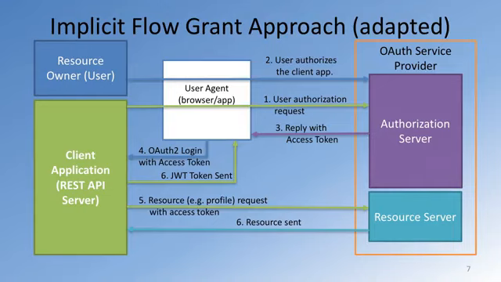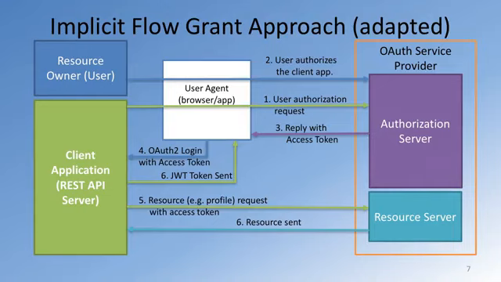So your client application goes through the user agent. The user agent is basically the front-end application. It could be the Angular app that we have developed, or the mobile app, whether it is Ionic or NativeScript, that we have developed in the courses earlier in this specialization, or even a native app like an iOS app or an Android app.